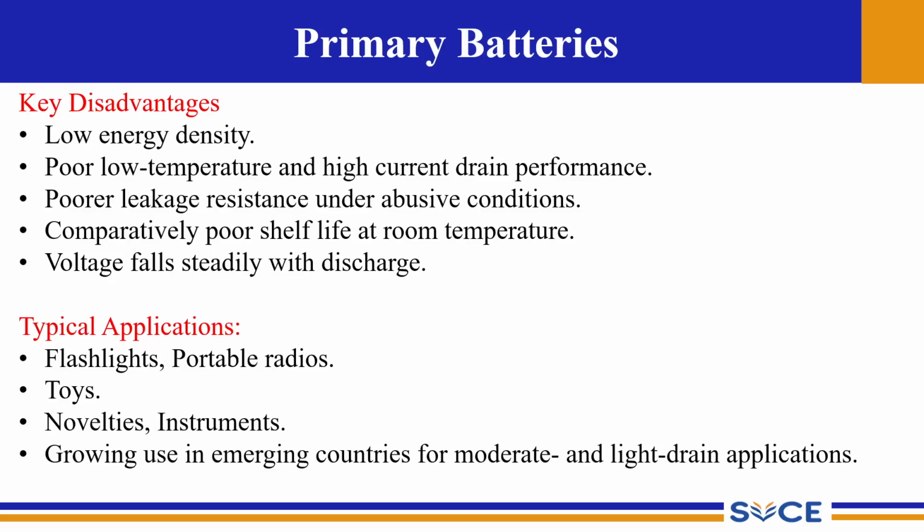And they suffer from poor low temperature and high current drain performance, which limits the effectiveness in devices requiring high power or in cold environments. They also have poor leakage resistance under abusive conditions, and at room temperature they have a comparatively poor shelf life.